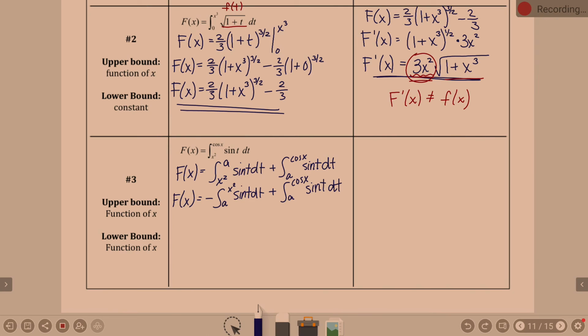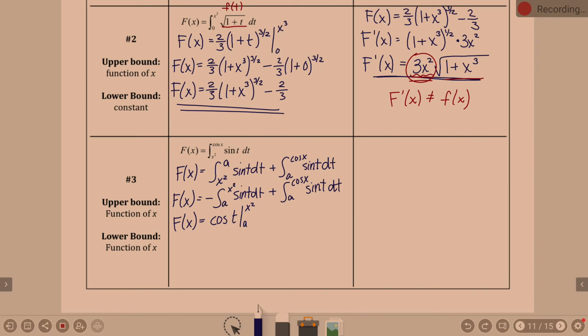But we do have a negative out front, don't we? So can we make the negatives cancel each other out, make it a positive cosine? So this first one is going to be cosine of t evaluated from a to x squared. Yes, we should be saying negative, but there's already a negative out here, so I made it positive.